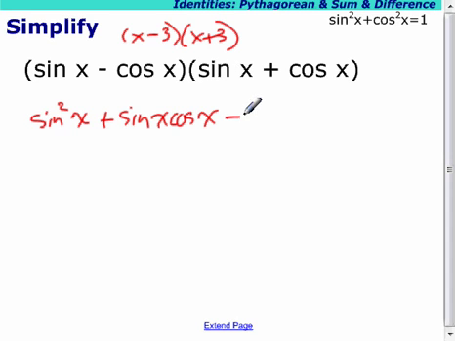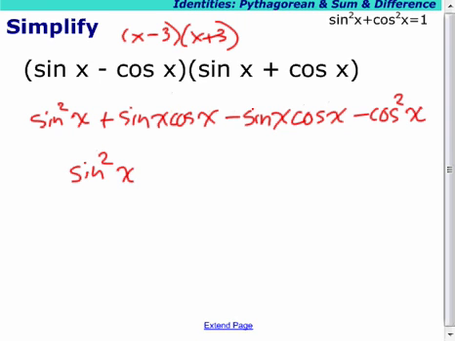Minus cos times sine would be a minus, might as well write them in the same order, sine x cos x. And finally, minus cos times cos would be a minus cos squared x. Simplifying now, I have sine x cos x minus sine x cos x. These two will cancel, leaving me with sine squared x minus cos squared x.